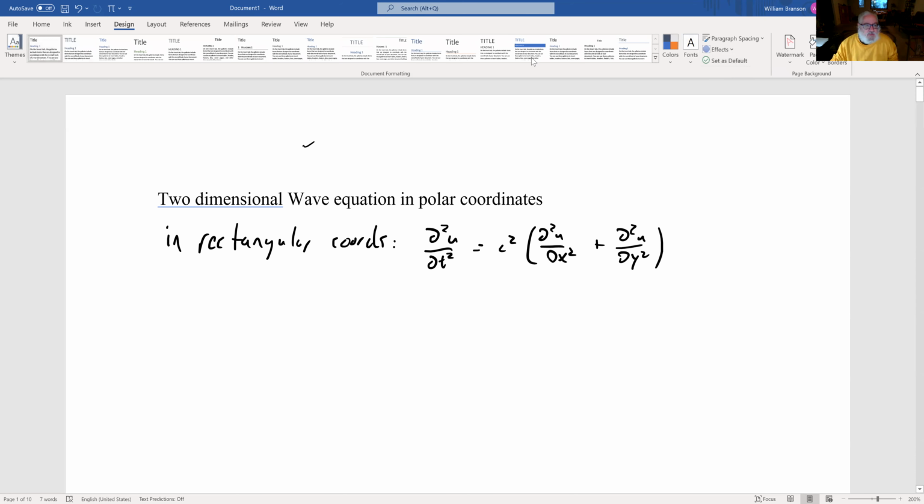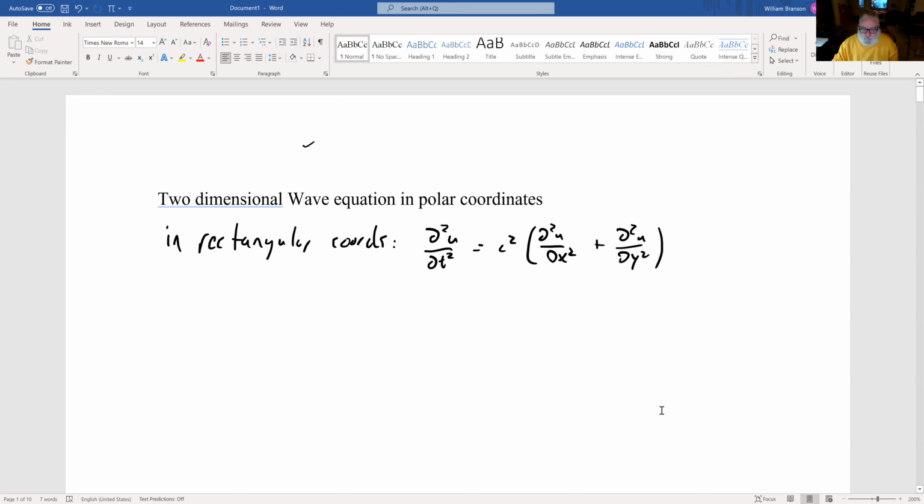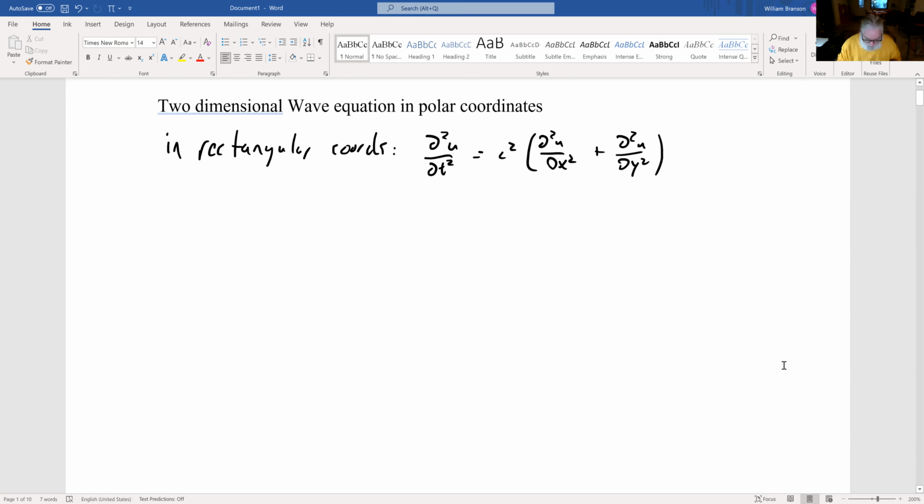So in polar coordinates, I want, just let me scroll down. There we go. We need to change this part.